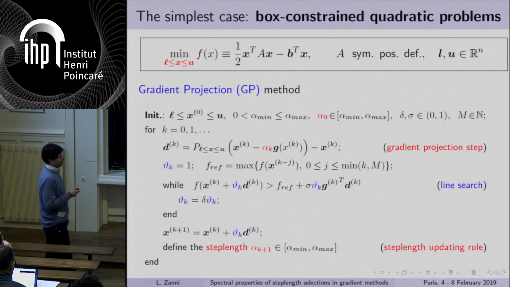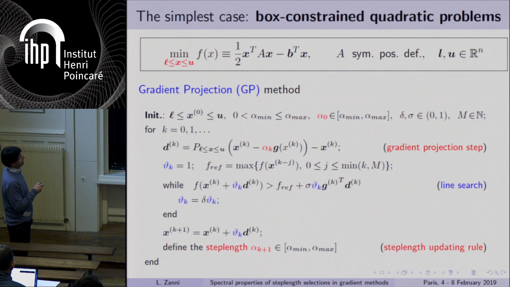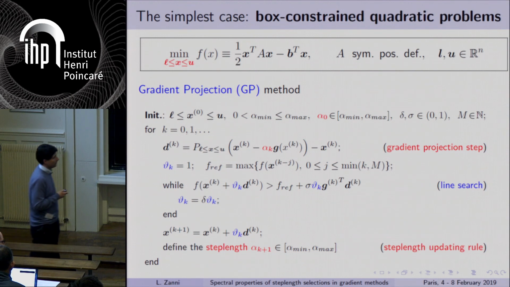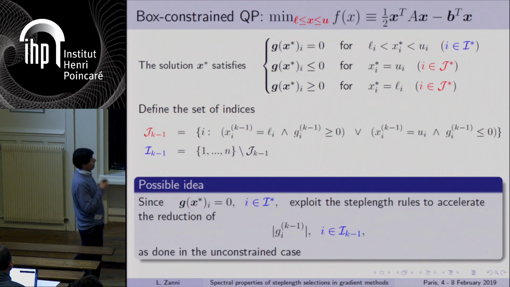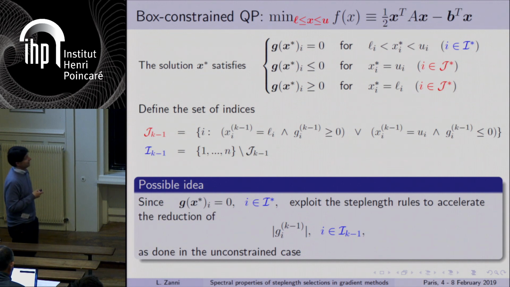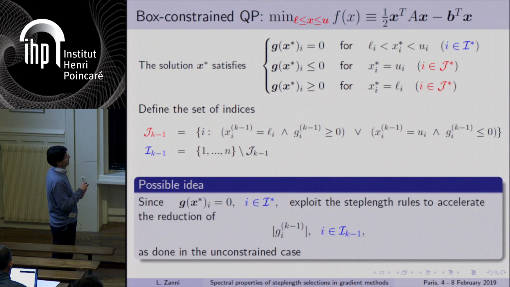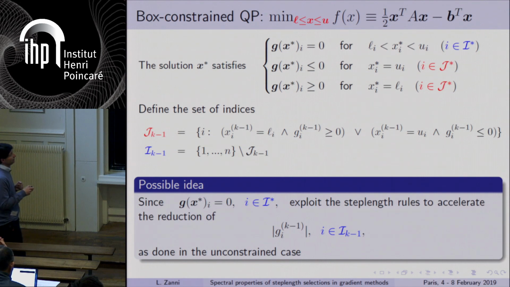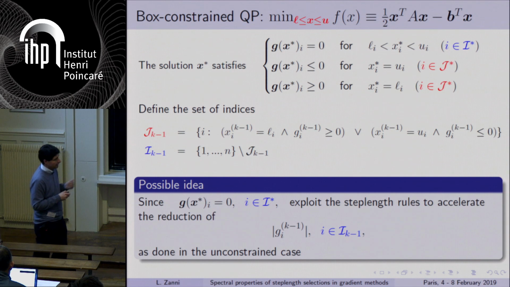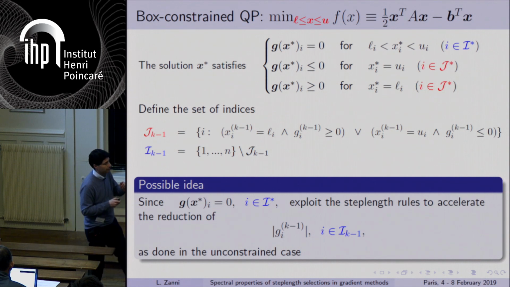I start my analysis by considering also in this case a simple case, a quadratic case, subject to box constraints. The main difference from a theoretical point of view between the unconstrained and the constrained case is that now the gradient will be zero at the solution only with respect to the inactive variables. The other gradient components simply need to satisfy a sign constraint.